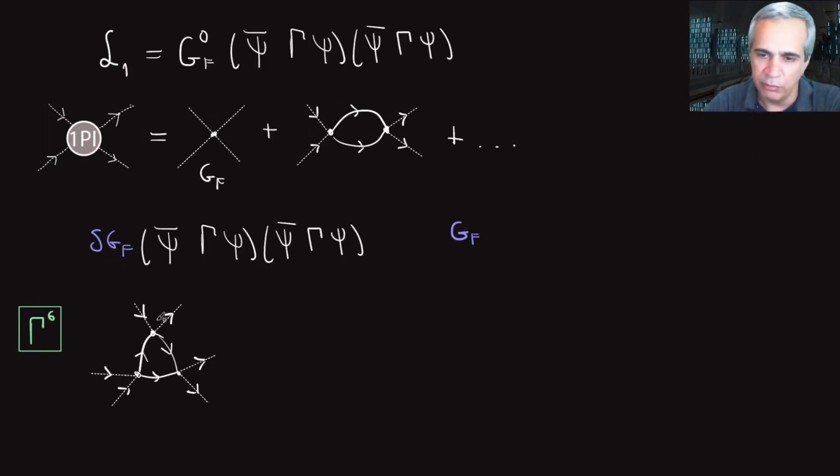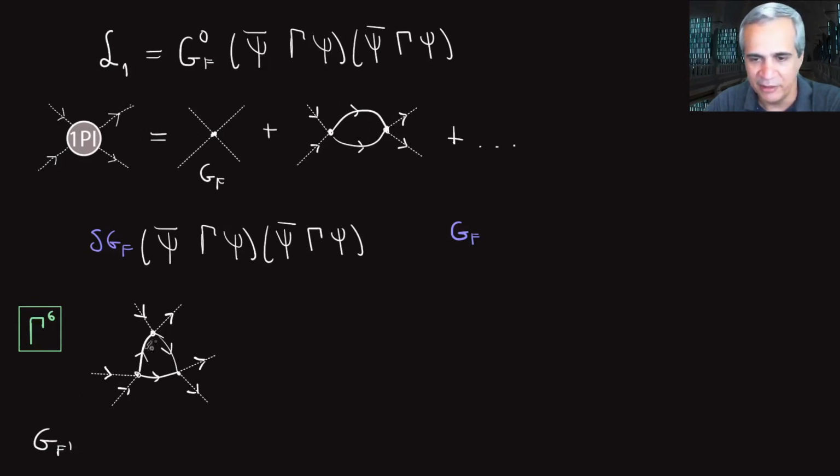In order to renormalize this one, right, I have to go back to my Lagrangian, right, and put a new term there. The only term that can potentially solve these 6-point function divergence is something that looks like, let's call this GF prime, right?